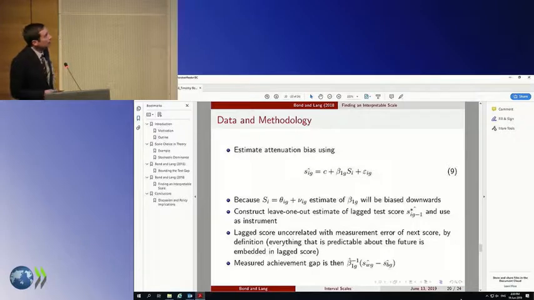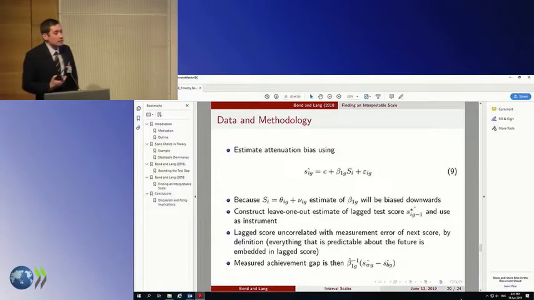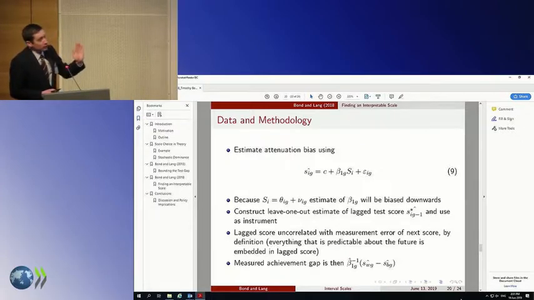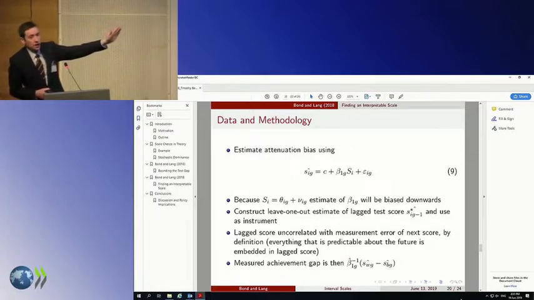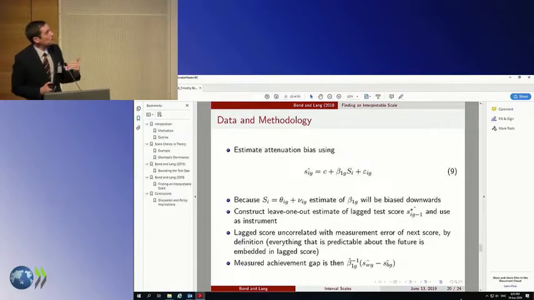All right, so we can calculate that easily. Now the problem is, how do we calculate the attenuation bias that's induced by this measurement error in the underlying test? We're going to run the regression of our test score on future schooling. It's going to be biased downwards because schooling is a noisy measure of theta, going back to the very first anchoring equation. To correct for measurement error in schooling, we're going to use the lagged rescaled test score, in a leave-one-out context, as an instrument for schooling itself.